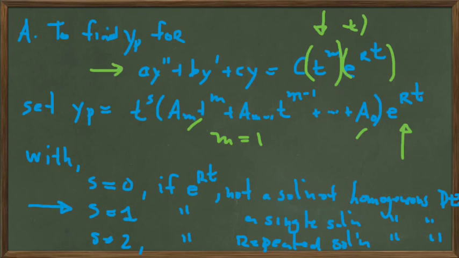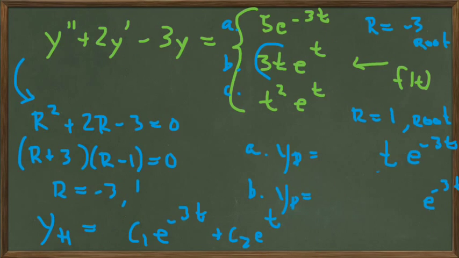Because e to the t is a root, it also has this t to the s part with s equaling 1 because it's a single root. So if we put all that together, we've got at plus b, and then it has to be multiplied by t to the s, with s being equal to 1.